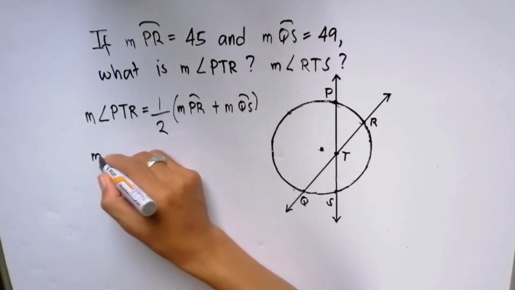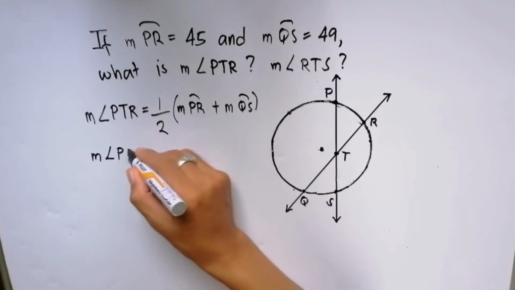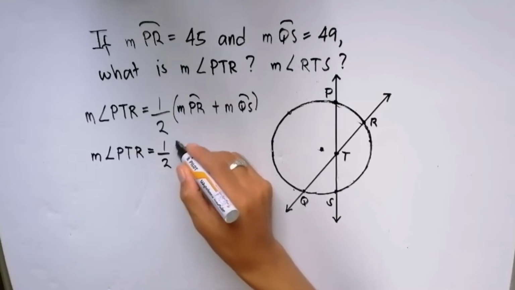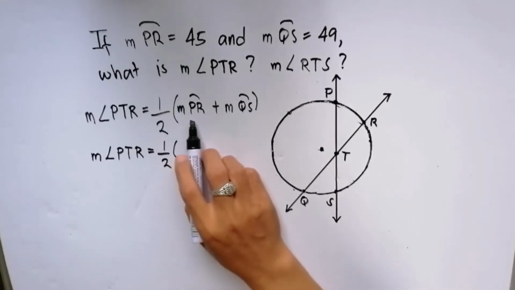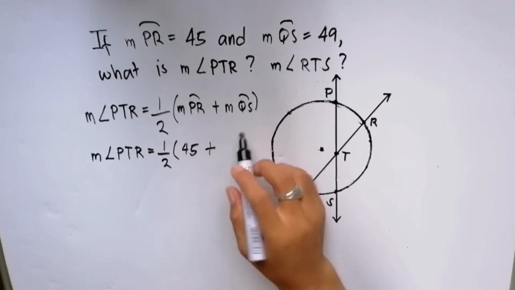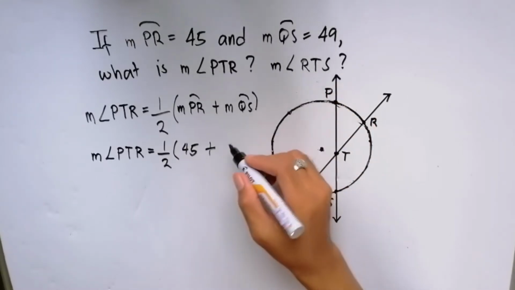So we have the measure of angle PTR is equal to 1/2 times the measure of arc PR, which is 45, plus the measure of QS, which is 49.